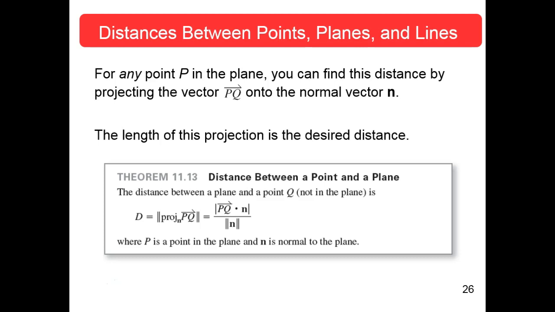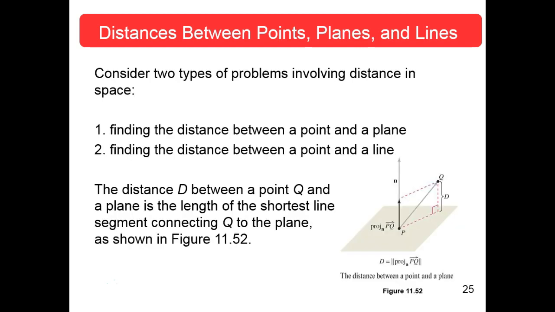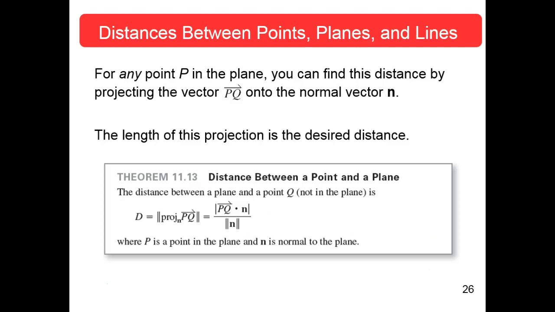It's the dot product between PQ and N. Go back to this picture here: the dot product between this vector and that vector, divided by the magnitude of N. Now, you have to take an absolute value of this because distances are always positive.